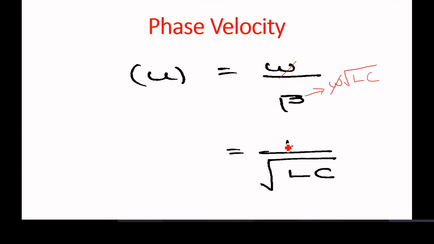So it is simply 1 by square root of LC. Phase velocity we can represent with u or with v suffix p.